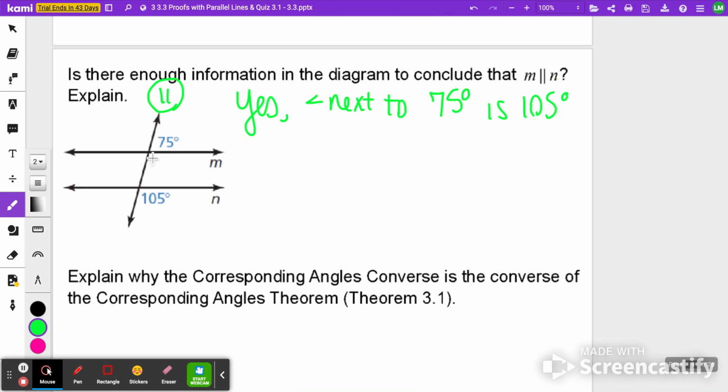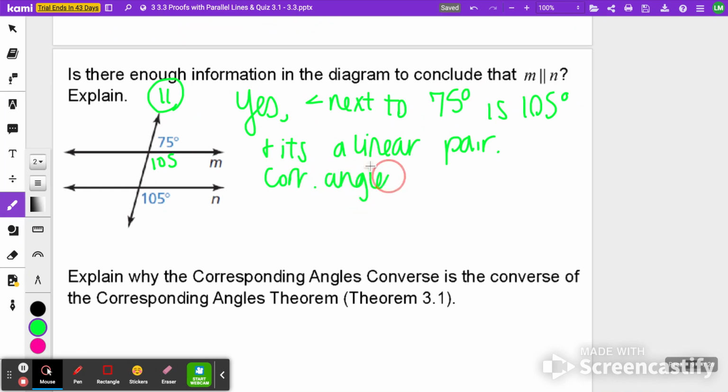Okay, so that means that 105 corresponds with this 105, and it's a linear pair. So because it's a linear pair, we know that they add to equal 180 degrees. So corresponding angles are congruent. So m is parallel to n.